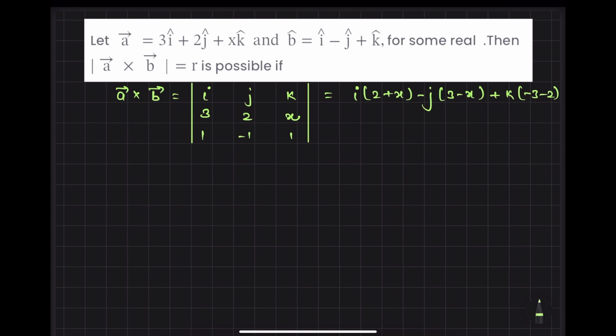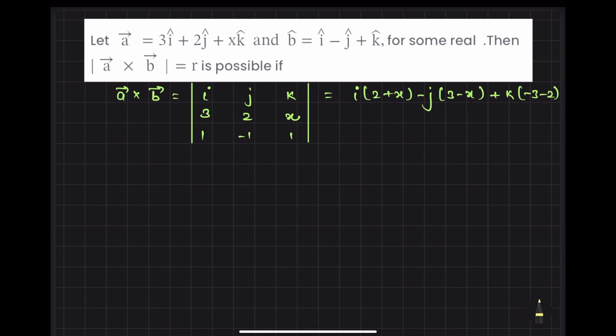Now these guys are talking about the magnitude of A cross B. So let's try to find the magnitude. How did we used to find the magnitude? First root, then the component of i square, component of j square, component of k square, and this should be equal to r.